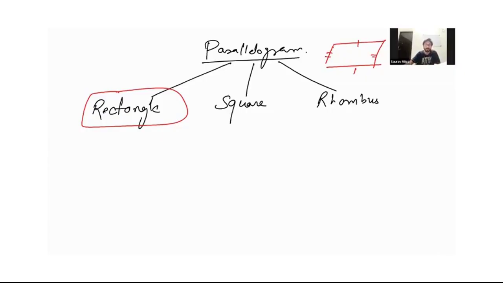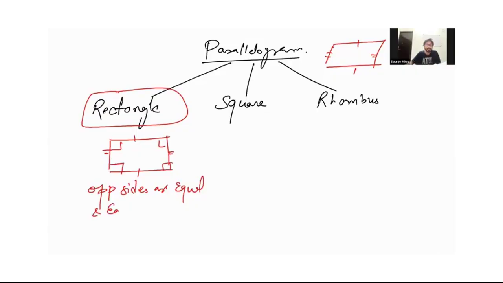So from parallelogram, if I say opposite sides are equal and each angle is 90 degrees, this is further my rectangle. Opposite sides are equal and each angle is 90 degrees.